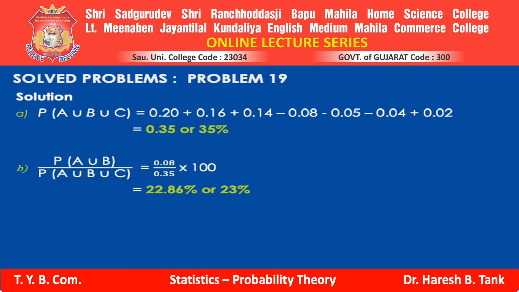Converting it to percentage, it comes to 35. 35% of the people read at least one of these three newspapers.